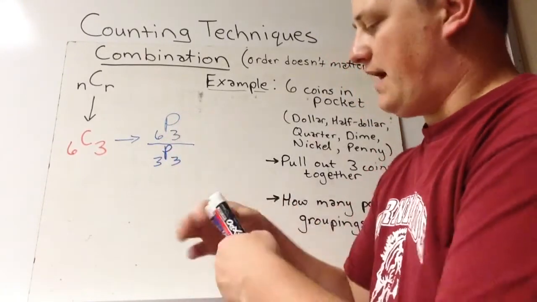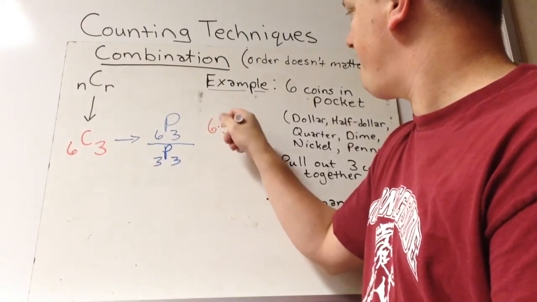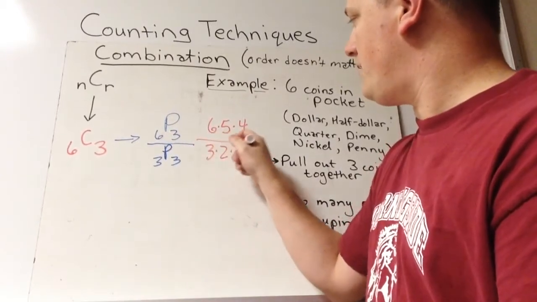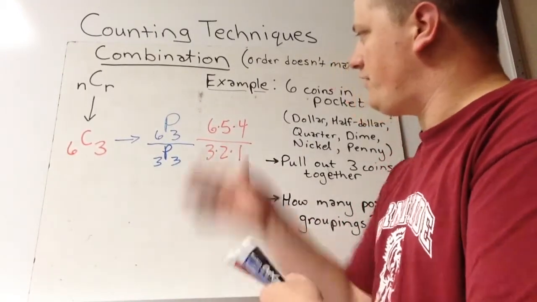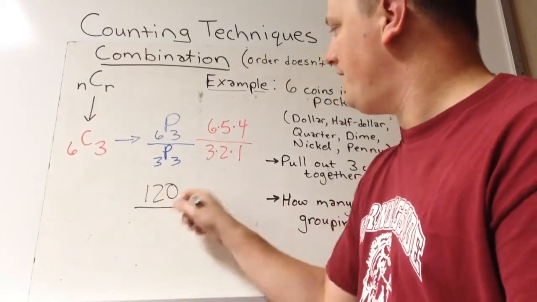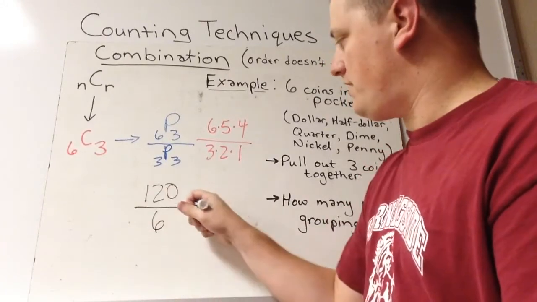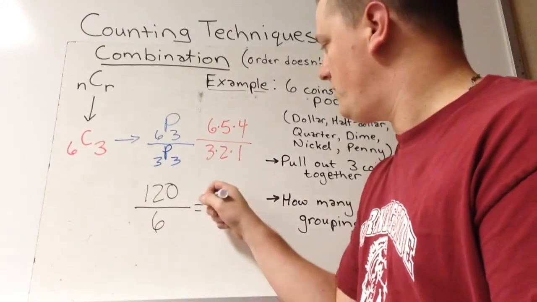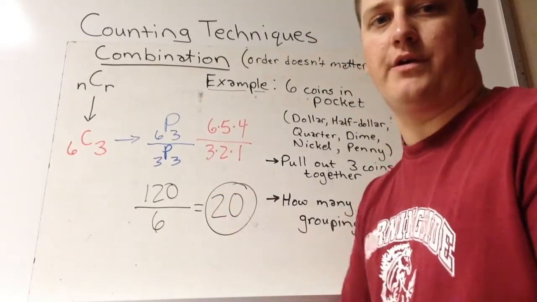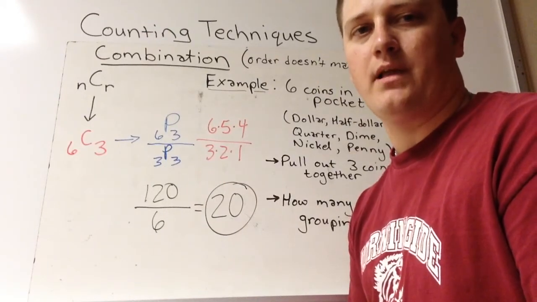So then we're going to do the top, and the bottom would be 3 times 2 times 1. So this top, we've already found that that permutation is 120. The bottom is 3 times 2 times 1, which is 6. So we have 120 divided by 6, which is 20 combinations. If the order doesn't matter, there are 20 different combinations that can be made here.